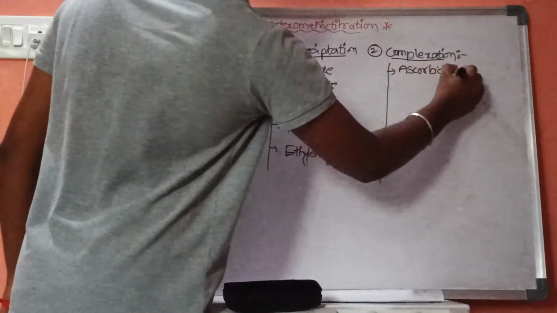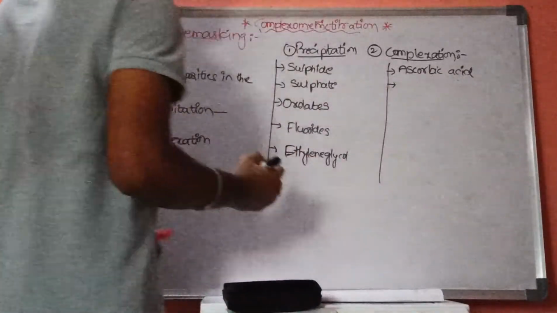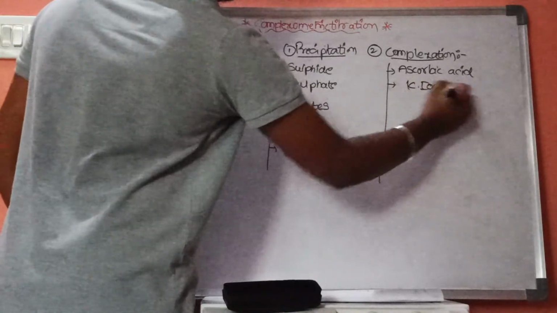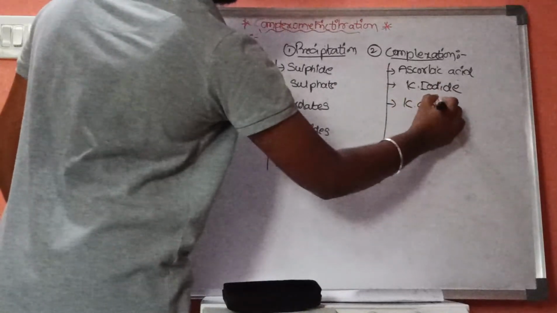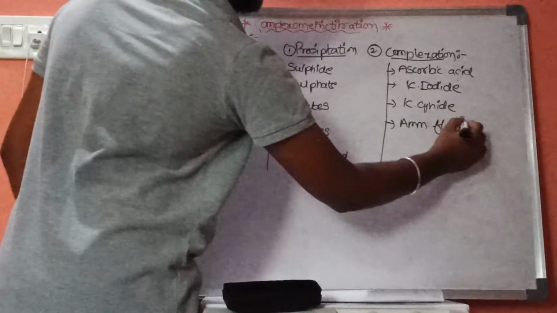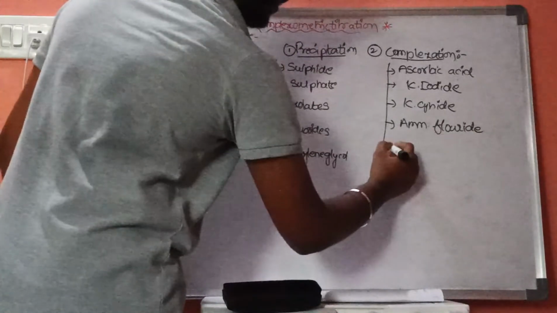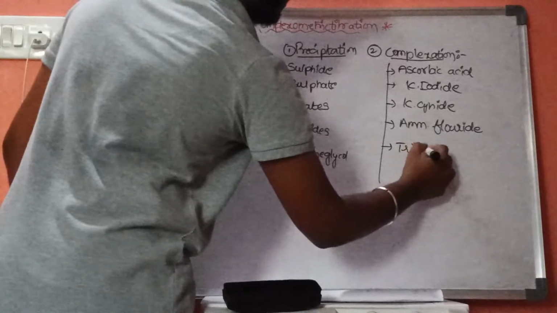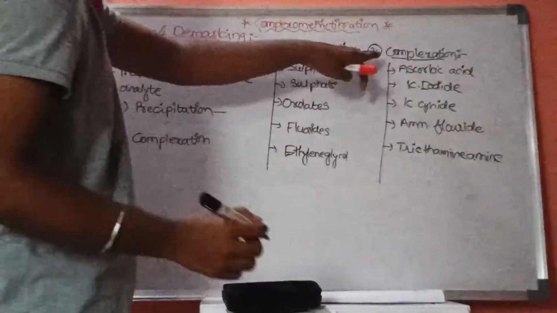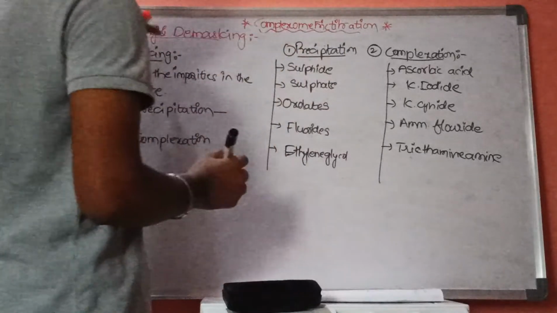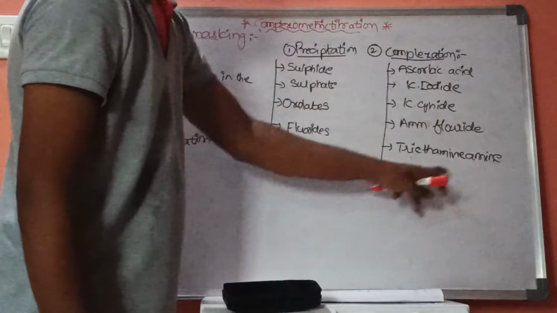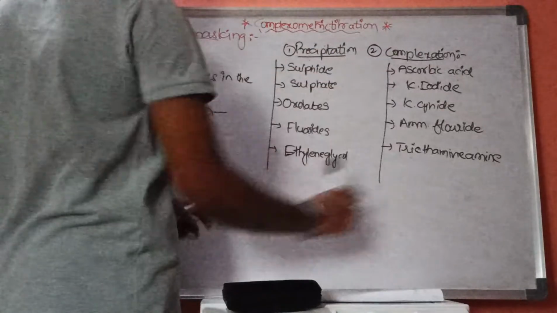First one is ascorbic acid, second one is potassium iodide, third one is potassium cyanide, fourth one is ammonium fluoride, fifth one is triethylamine. These are the masking agents which are used for masking.